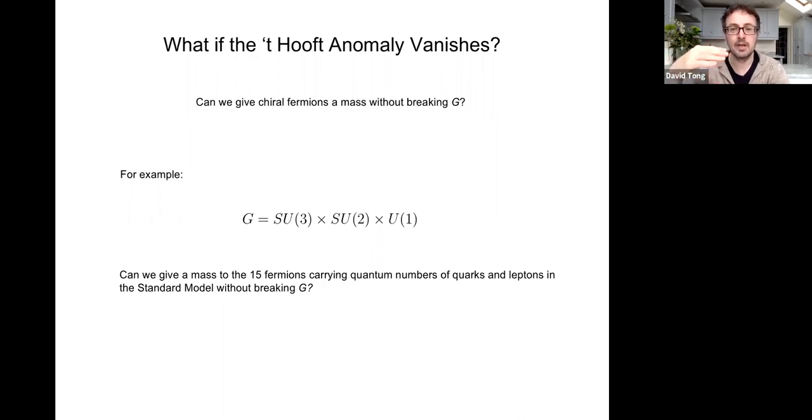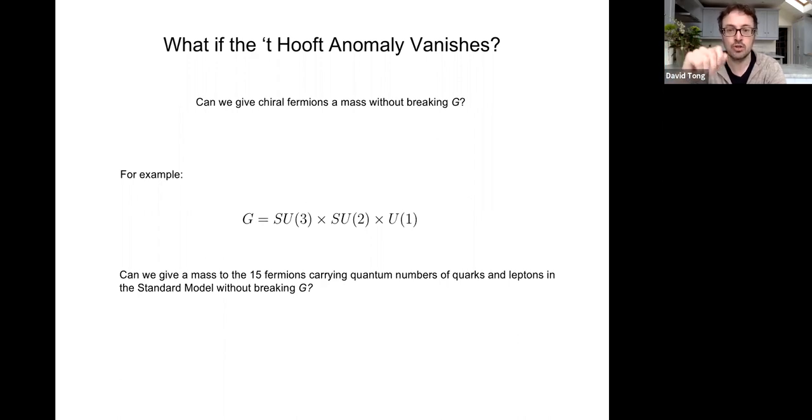This idea of giving fermions a mass while preserving a symmetry G that you might naively think would be broken because it's chiral has been studied in the condensed matter literature quite a lot in the last few years, in particular in the context of SPT phases. In that setup, it often goes by the name of symmetric mass generation.